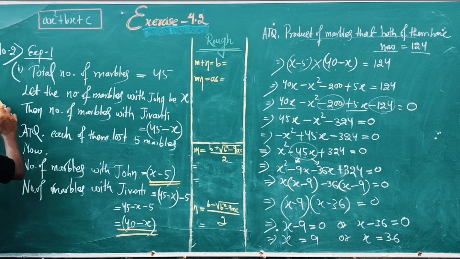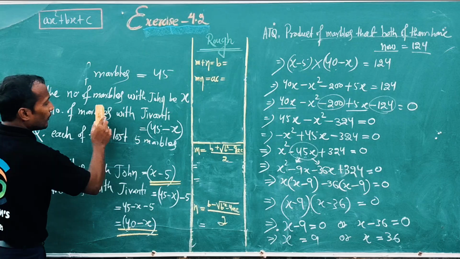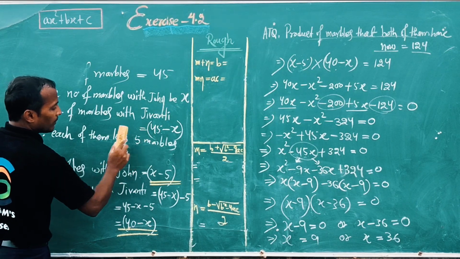So let us write that. I am erasing this part. Remember, John had x marbles and Jivanti had 45 minus x marbles.